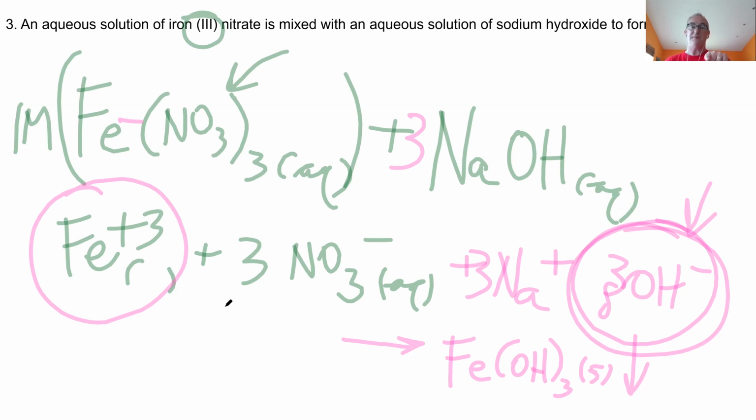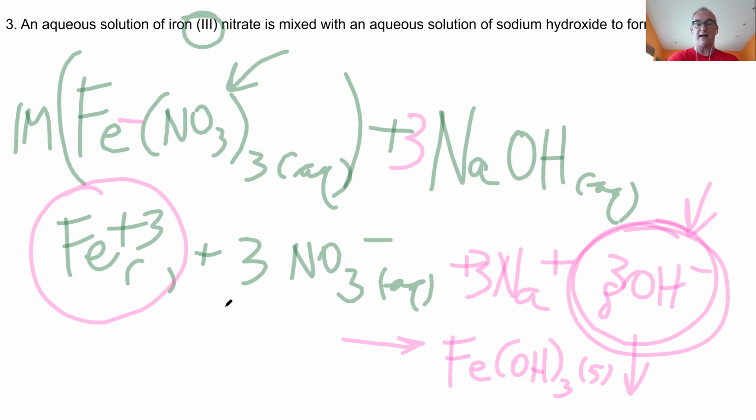And that brings me to question 5, which is the net ionic equation. Now, the net ionic equation basically just eliminates the spectator ions because they're not involved in the reaction. So let's put all the ions that were present at the beginning, which is here.